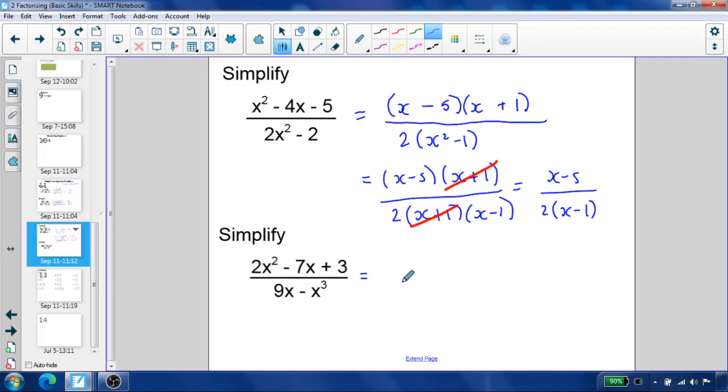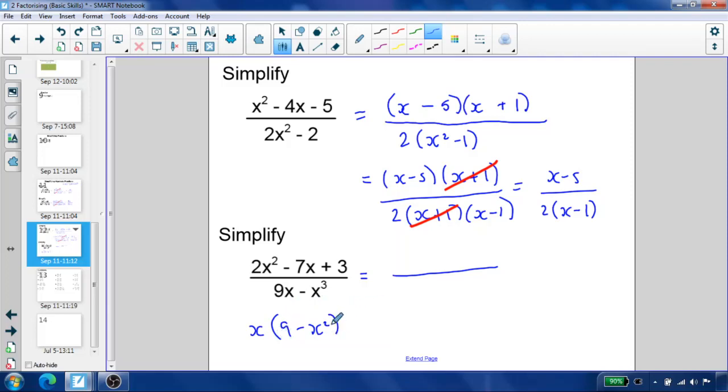Next, I'm going to go on to the last one, and I'm going to start with the denominator. Now, 9x minus x cubed, there's a common factor of x. I'm going to do this down here for the time being. So if I take out x, I'm going to have 9 minus x squared.